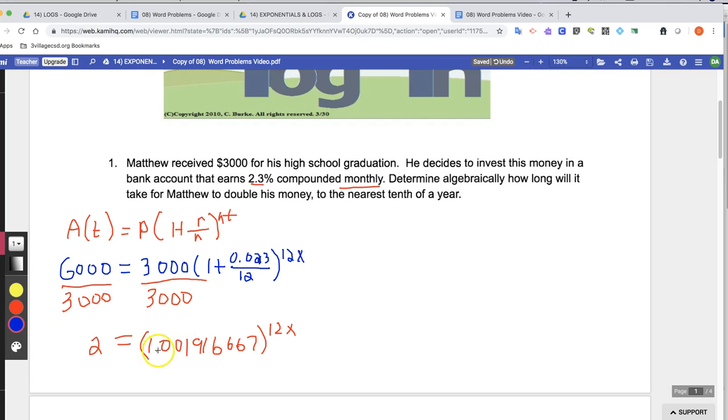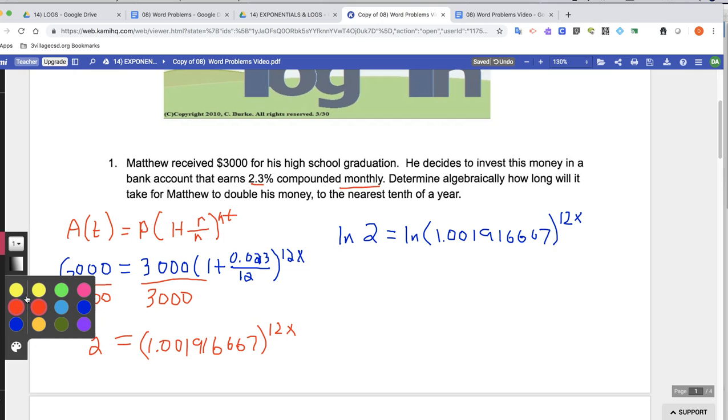Now that our base and exponent are by themselves, we can take the natural log of both sides, and doing this allows us to take this 12x and bring it down in front of our natural log.